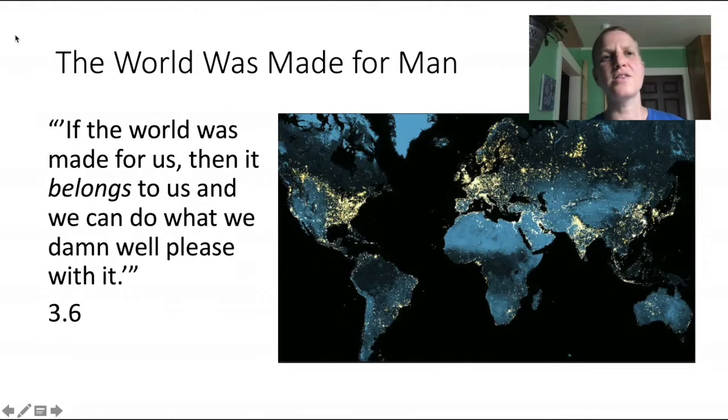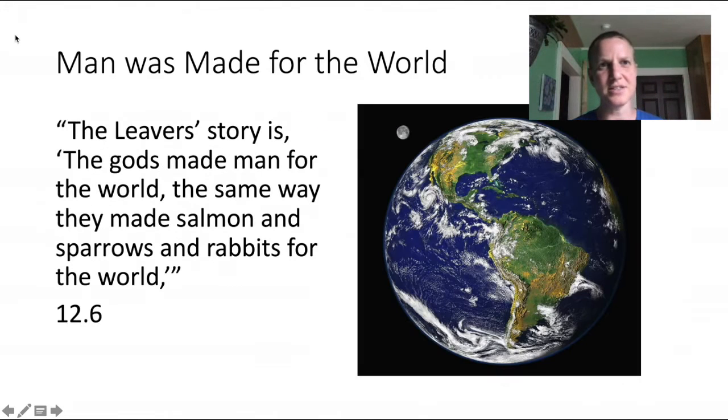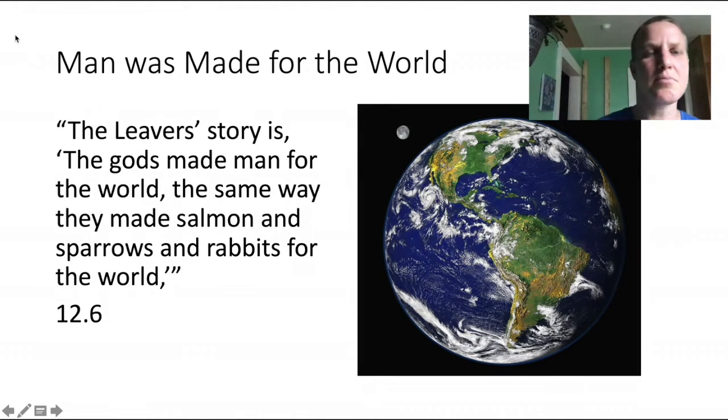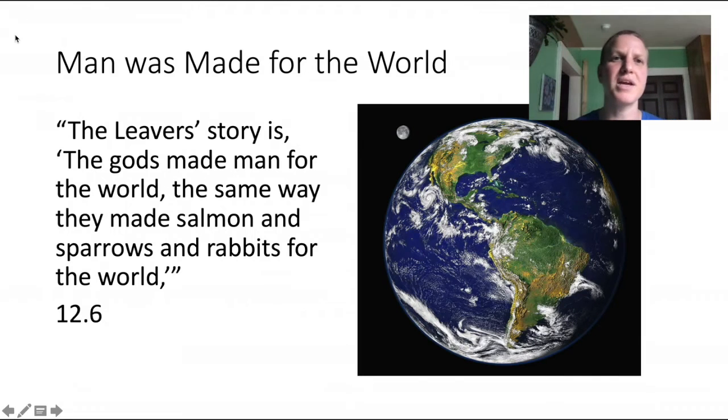Okay, so the world was made for man isn't a belief that all of humanity has had. And we can contrast this with this next idea that actually man was made for the world, that man belongs to the world. So for this idea, I've chosen this quote. The leaver story is, the gods made man for the world the same way they made salmon and sparrows and rabbits for the world.